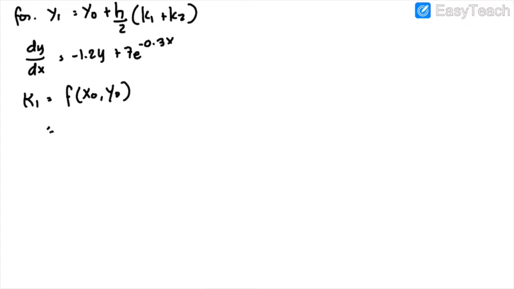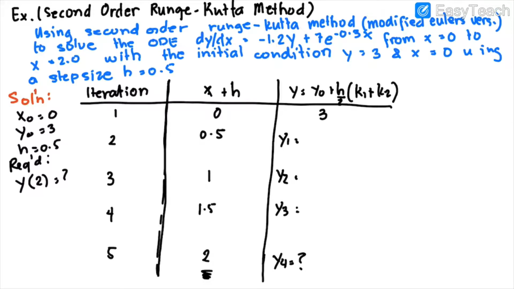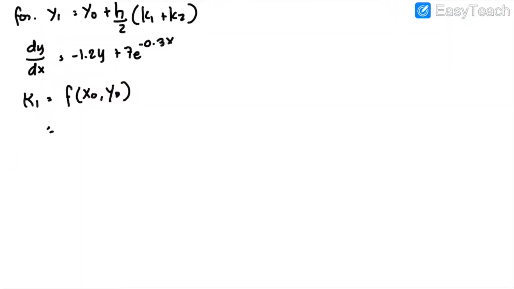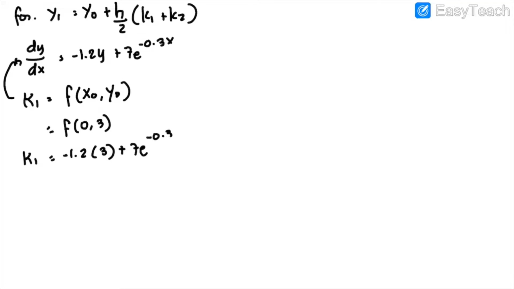From our initial values, x naught is equal to 0 and y naught is equal to 3. So basically, we are only substituting 0 and 3 into our equation: negative 1.2 times 3 plus 7e raised to negative 0.3 times 0. So basically, k1 is now equal to 3.4.